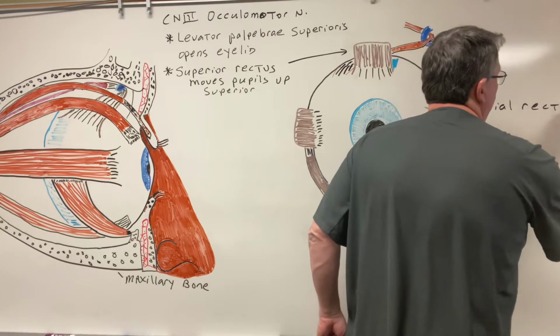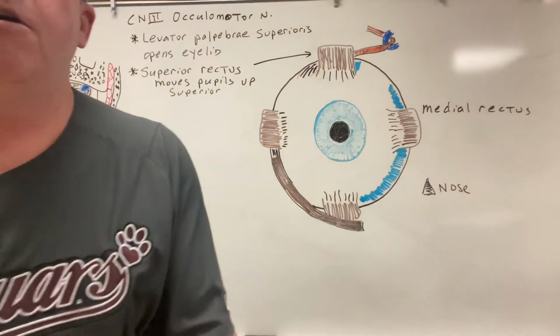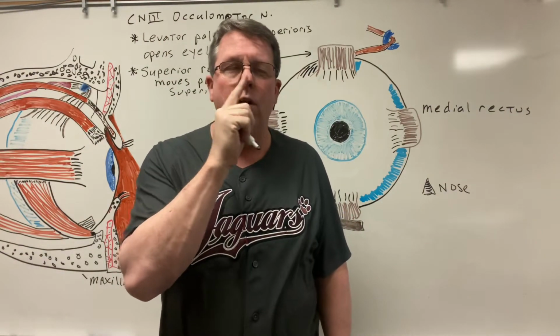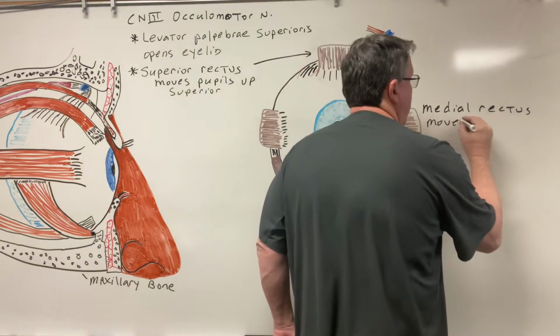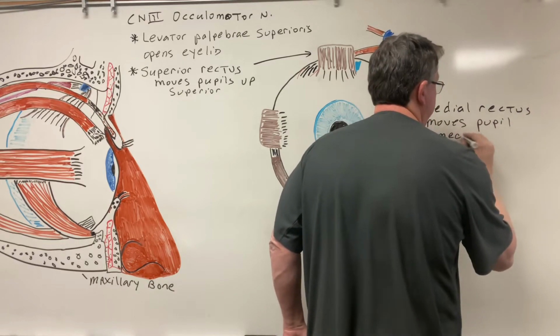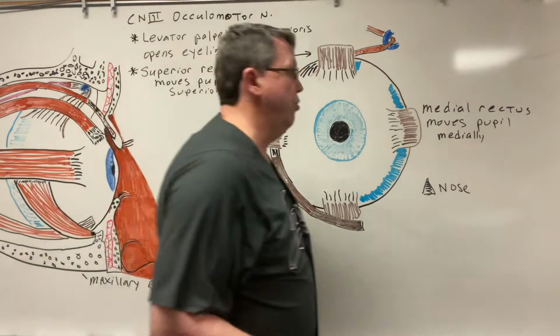And what the medial rectus is going to do is move my eye or my pupil medially. So it's going to move it toward my nose. So it moves the pupil medially. Or the easier way to remember is just toward the nose.